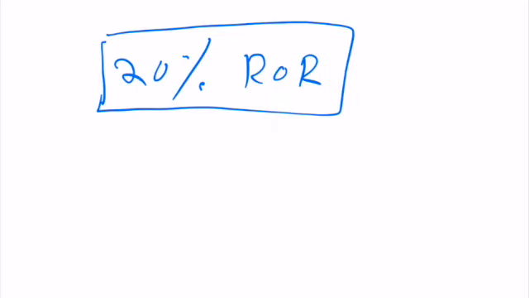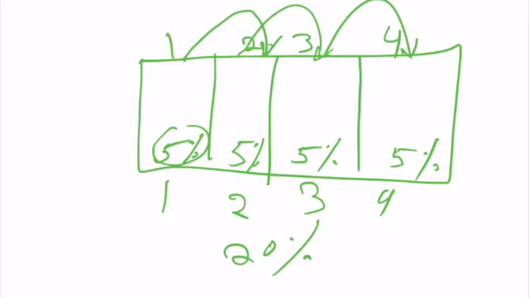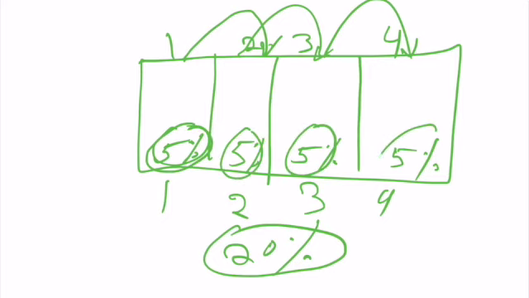The previous model that we looked at, yes, you created a 20% rate of return, but you had to invest your money in a very risky place where the risk justifies the 20% return. Versus where we're looking now, you also earn a 20% return on your money, but you do it in a way that you only take a risk associated with 5% on your money, not with the 20% of your money.